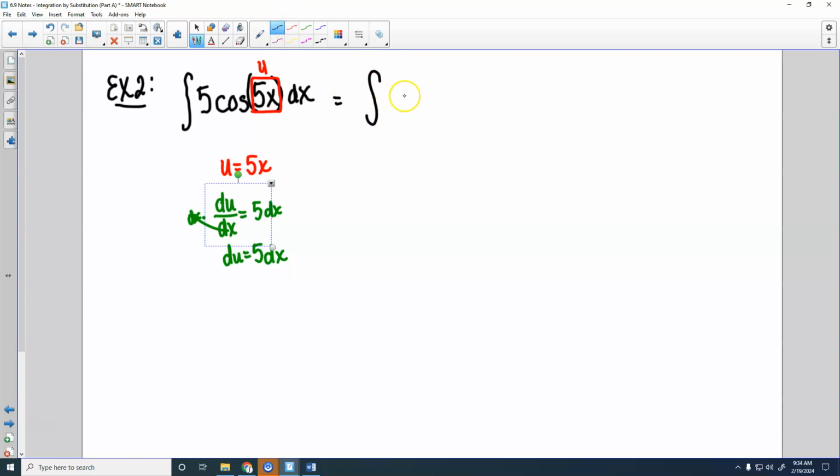Would it be okay to do this? Cosine of 5x times 5 dx. Is it okay to multiply by 5 at the end like that? It's all multiplied, so you can do it in any order, right? So if we look at this, that 5x right there is my u, and the 5 dx, that's my du.